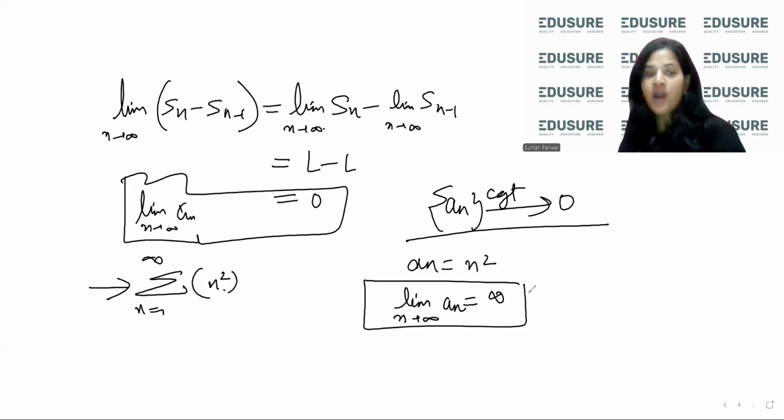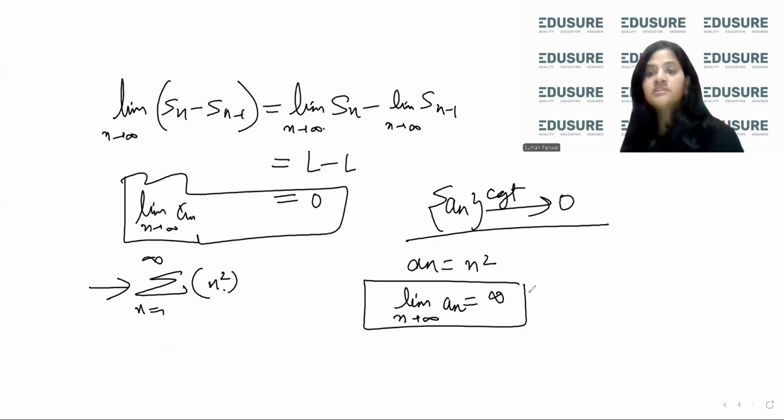I hope you understood what we learned today. We learned what a series is: the sum of elements of a sequence in a particular order. Order is not supposed to be disturbed. Then we learned convergent and divergent series, two types of series. Then we learned that a series is convergent in terms of convergence of the sequence of partial sums.